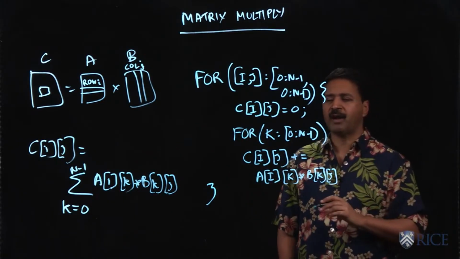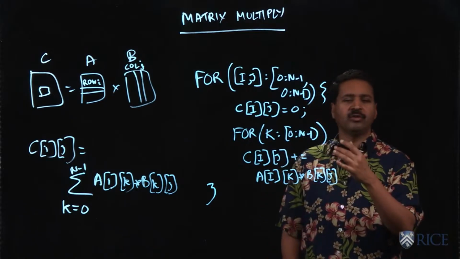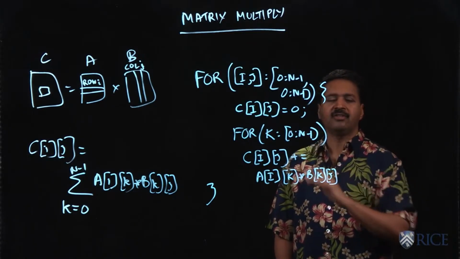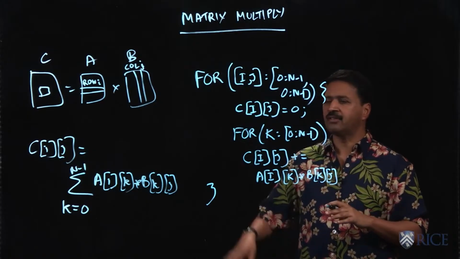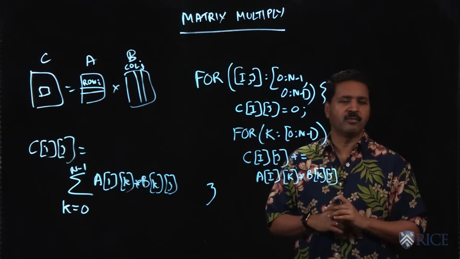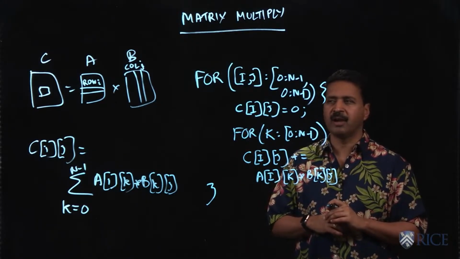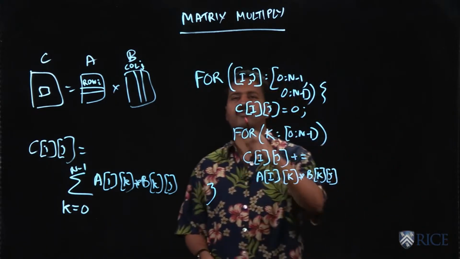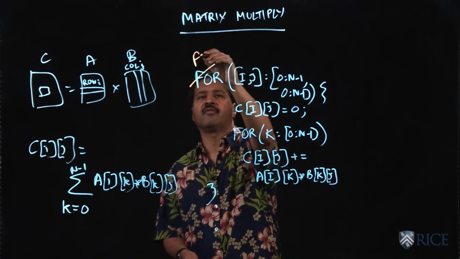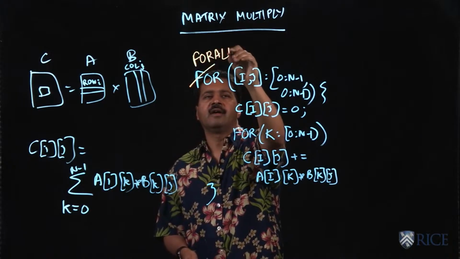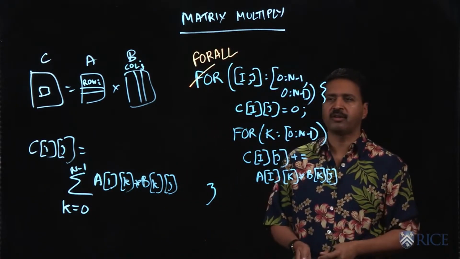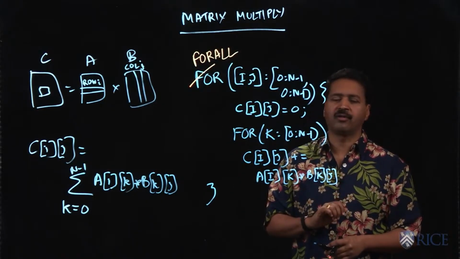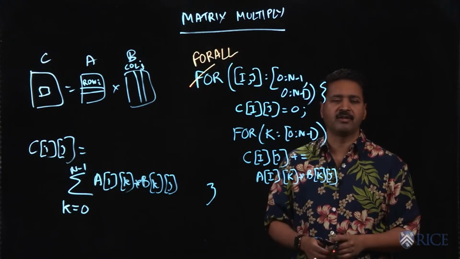Now, from the viewpoint of parallelism, let's think about which loops can run in parallel. For the i and j loops, we see that each element of matrix C can be computed independently. So we can very conveniently say, instead of a sequential for, we can have a forall. And this works in general across multiple dimensions. It's saying that all n squared iterations for i and j can all be run independently.